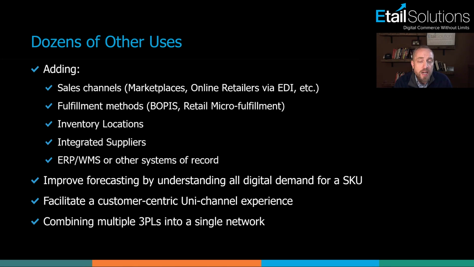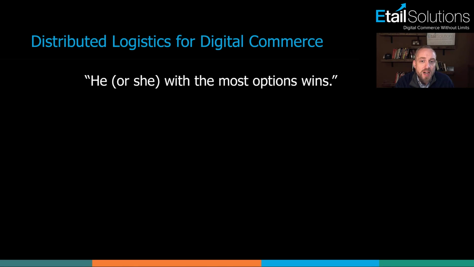You can use a platform like this to facilitate a single unichannel experience for customers who come onto the website and then want to buy on the website, pick up in the store, or want to have a seamless experience between the website and their store experience. You could use this system to combine multiple 3PLs into a single network. There's been some really interesting conversations around that this last year.